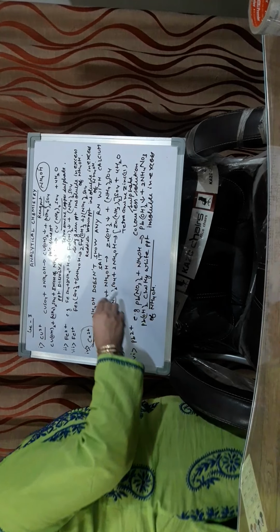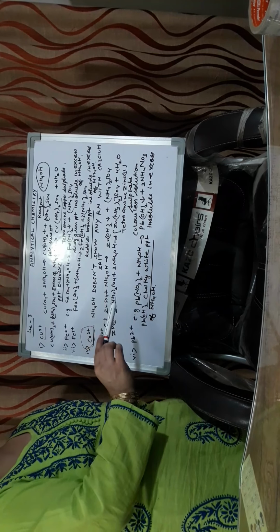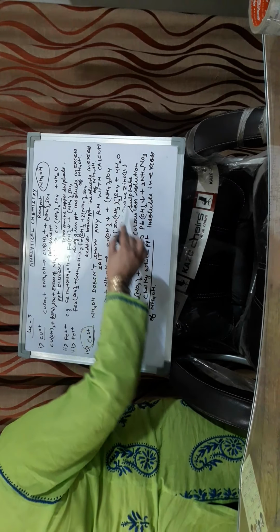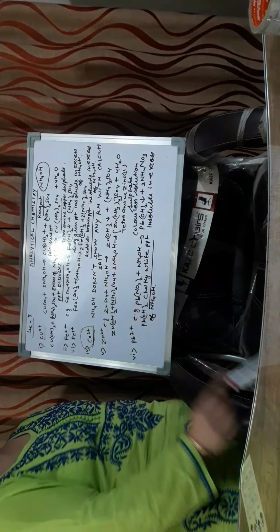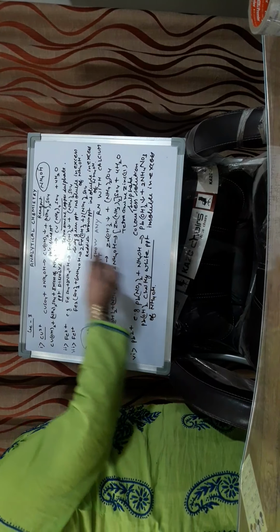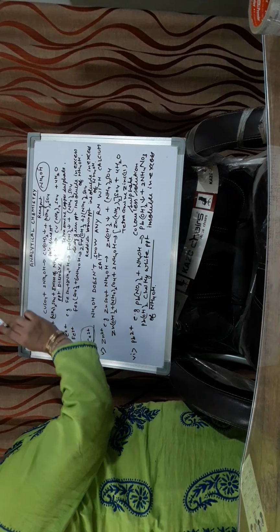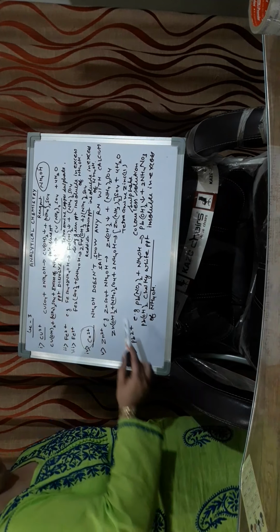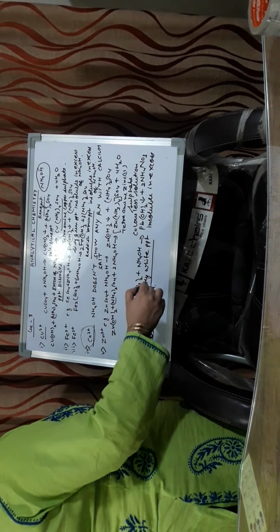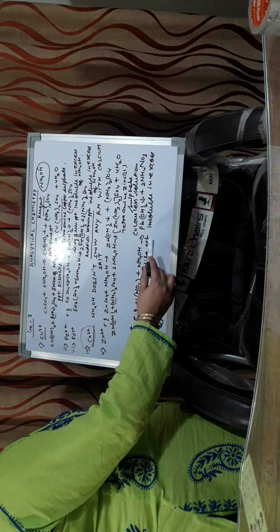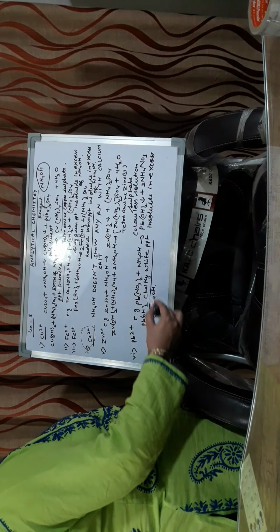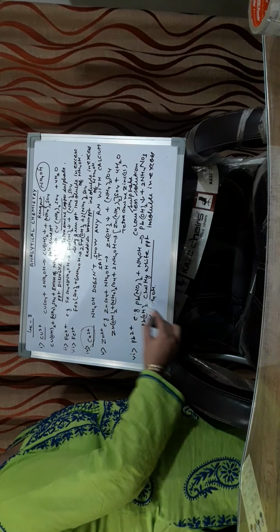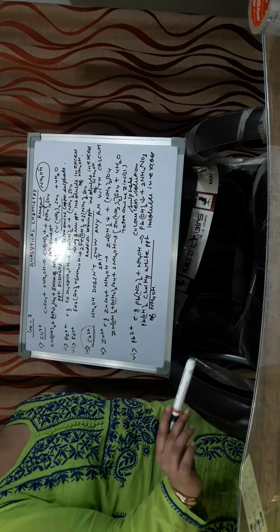It means the precipitate will get dissolved to give a colorless solution. There is no color in this case, but there is an inky blue color in the copper case. For lead, again you will obtain a chalky white precipitate, that is Pb(OH)2, and this Pb(OH)2 is insoluble in excess of NH4OH.